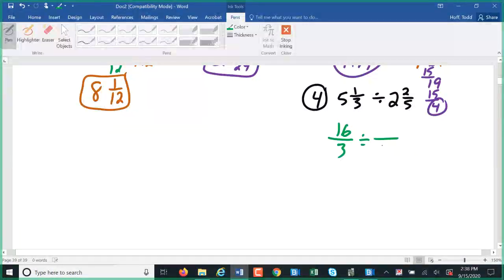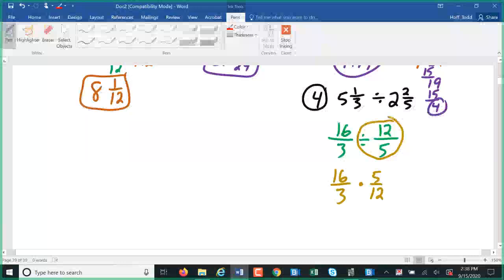And 2 2/5 will become 12 over 5. Good. Now we have to change this into multiplying by the reciprocal. Remember, the first fraction is not affected. The division operates on the number that comes after it. So it becomes times 5 over 12.